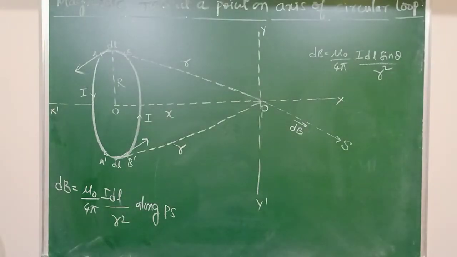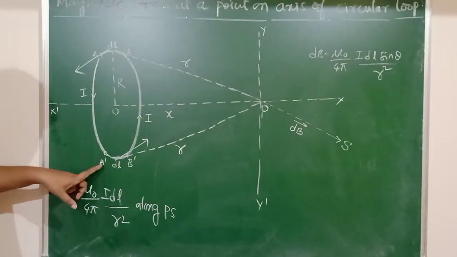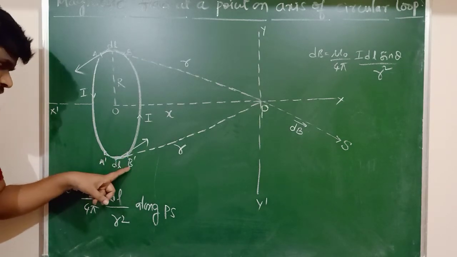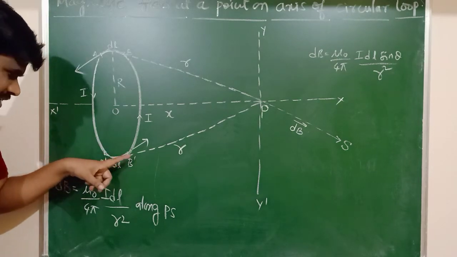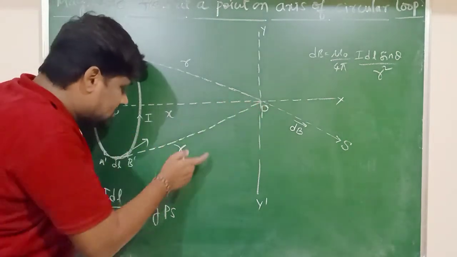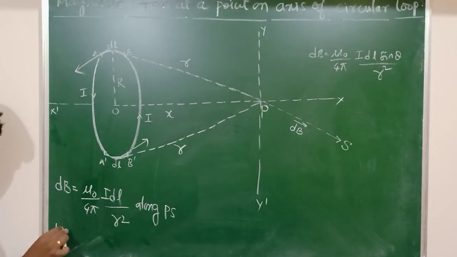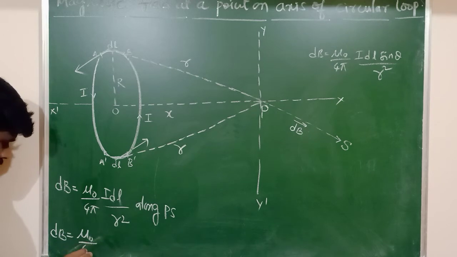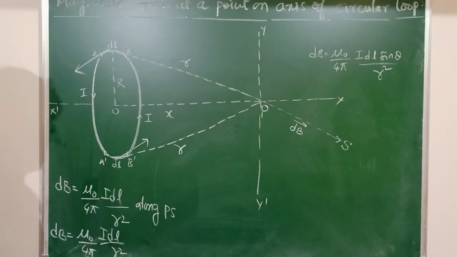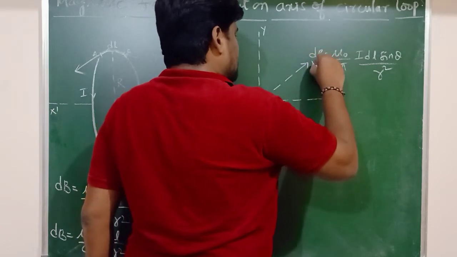Similarly, what is the magnetic field at point P due to the other current element, that is A dash B dash? Notably, the A dash B dash current element also has the same length dl, carries the same current I, and is also at a distance of R. Therefore, that magnetic field is also given by dB equals mu naught divided by 4 pi, I dl divided by R square, but its direction is along PR.